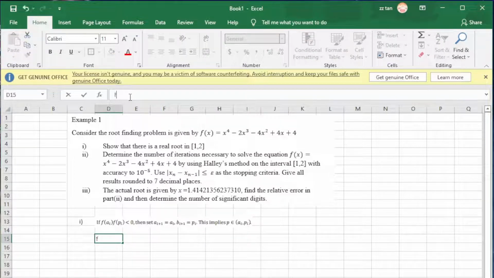So we first find out what is f(1), the value of f(1), inside this f(x). Four square times 4 plus 4.